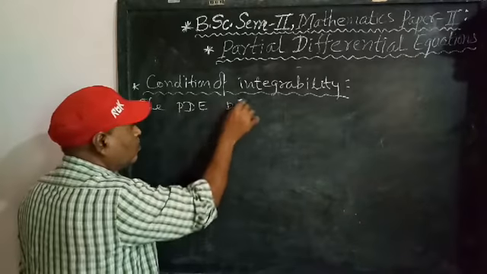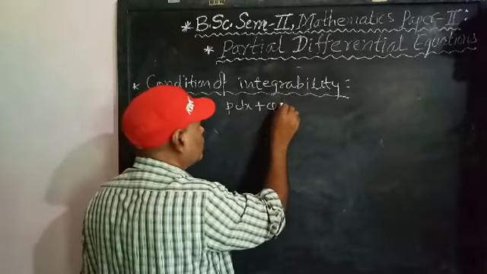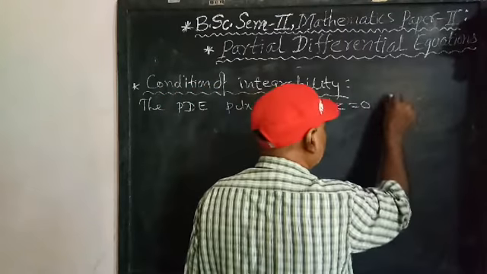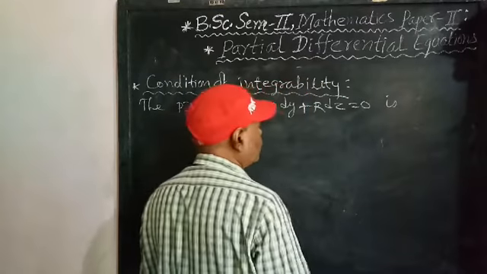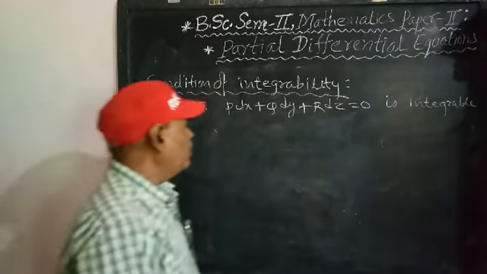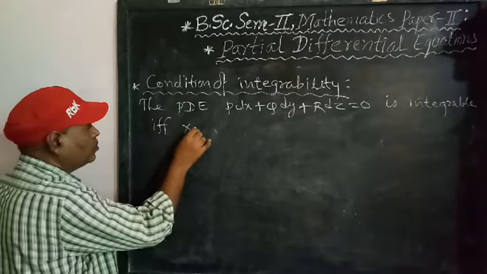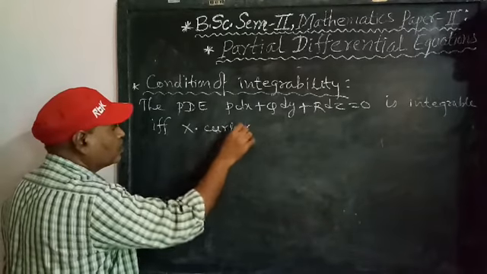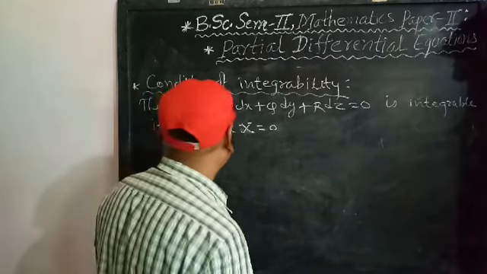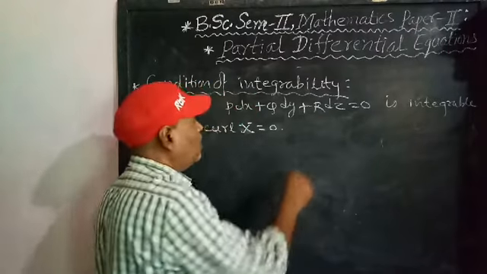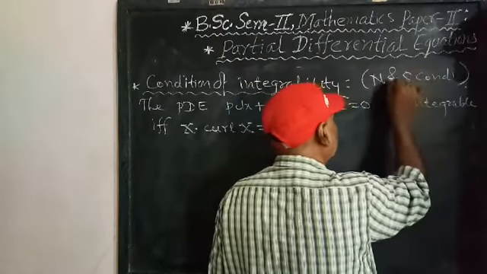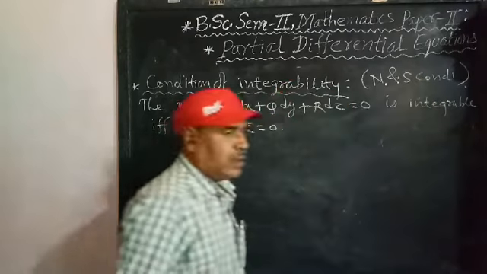The PDE P dx plus Q dy plus R dz equal to 0 is integrable if and only if X dot curl X equal to 0, which is the necessary and sufficient condition for the differential equation to be integrable.